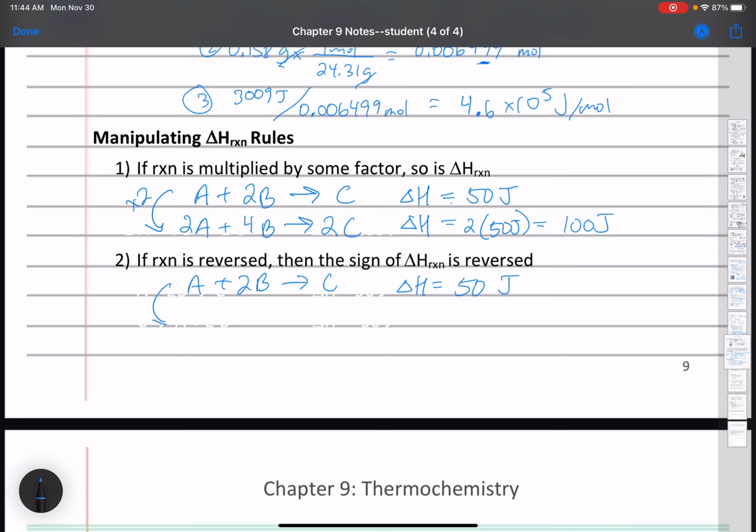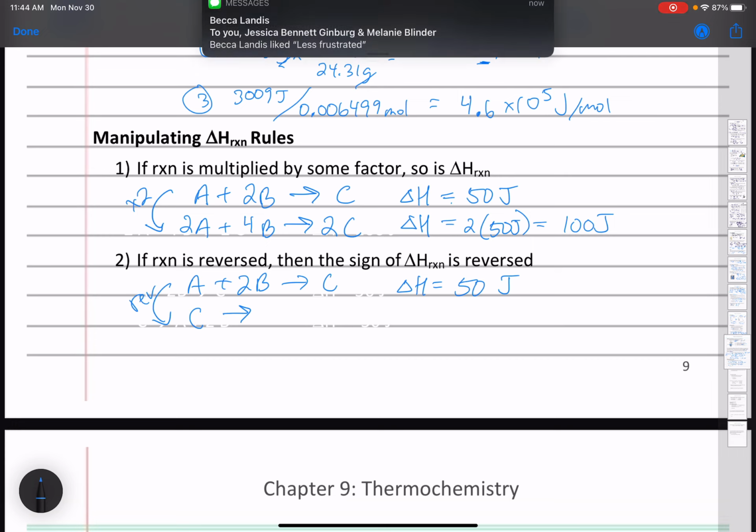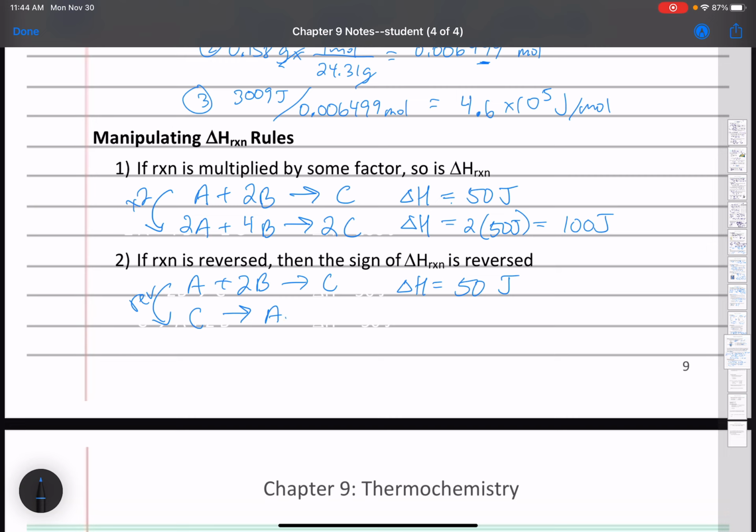If we were to reverse this reaction, so C reacts to form A plus 2B, then all we need to do is reverse the sign of delta H. So this first reaction was endothermic. It had a positive delta H. The reverse reaction is exothermic. It has a negative delta H. So it's negative 50 joules. All right, so those two rules are pretty easy.